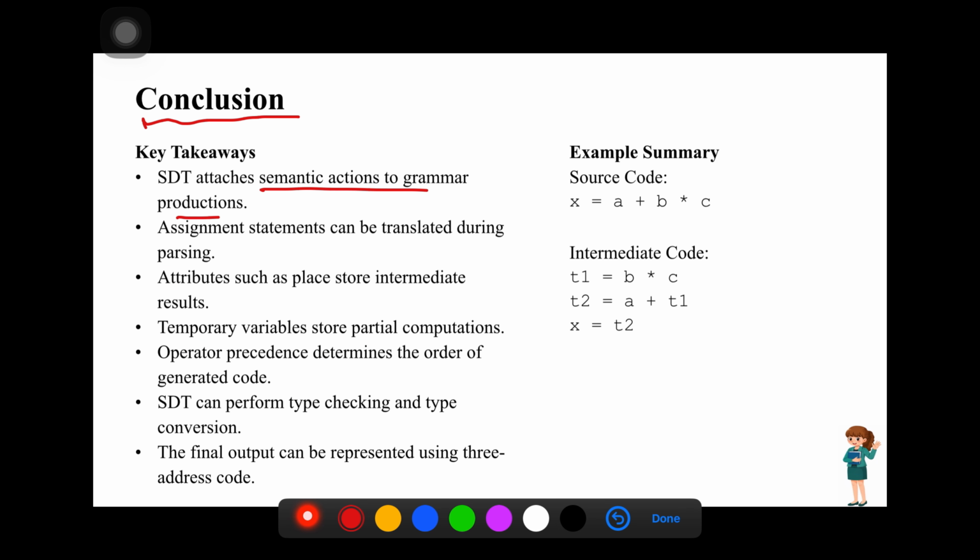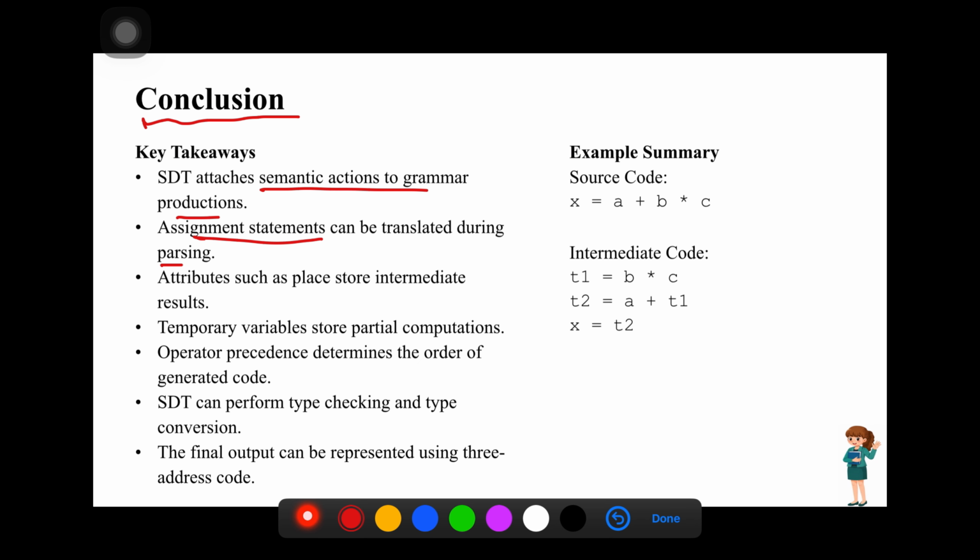Conclusion. To conclude, syntax directed translation associates semantic actions with grammar productions. Assignment statement SDT helps the compiler to evaluate the right-hand side expression and assign the final value to the left-hand side.